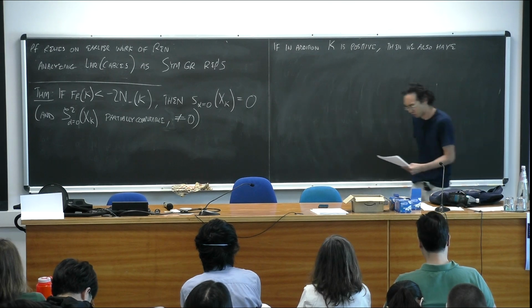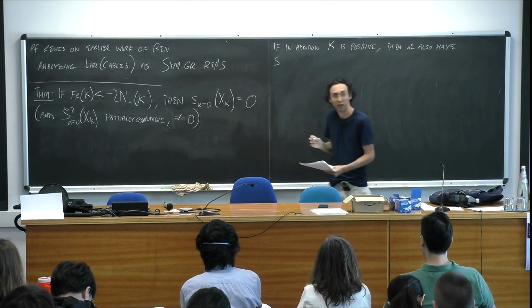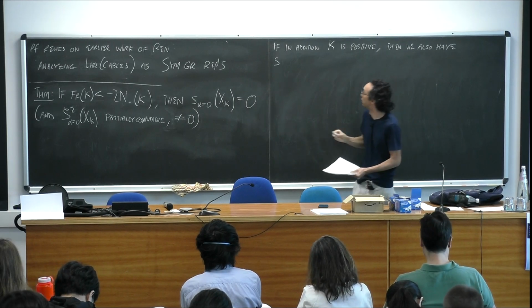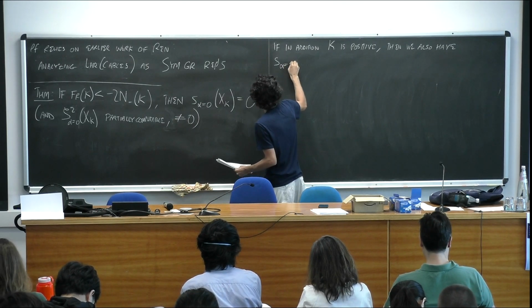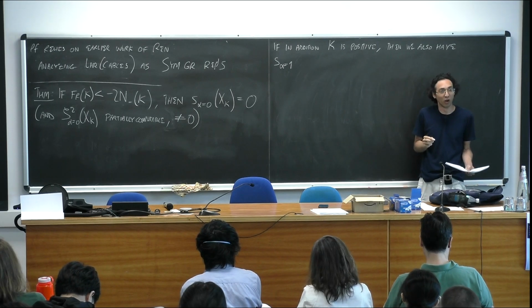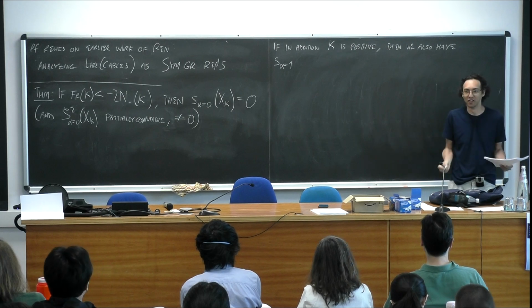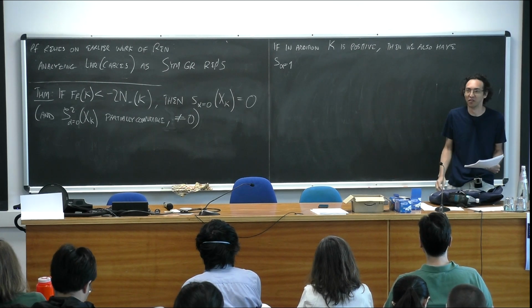Then in that case we also have, for the case alpha equals 1, so this is almost balanced, there's one extra strand going in the direction of the K.